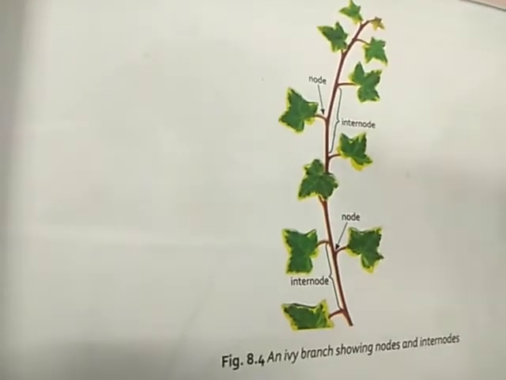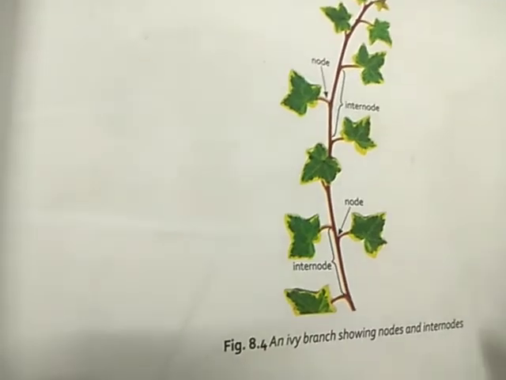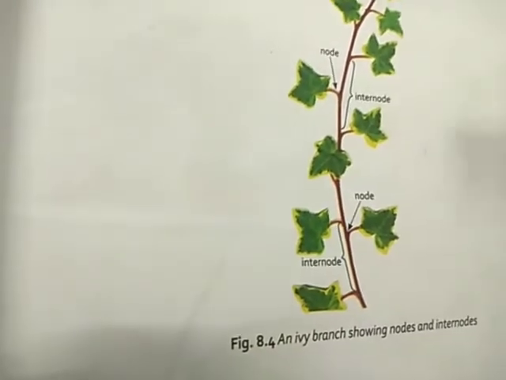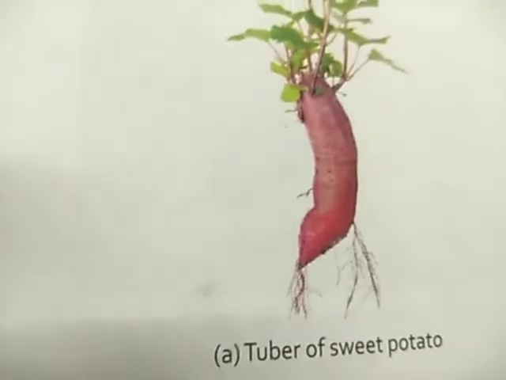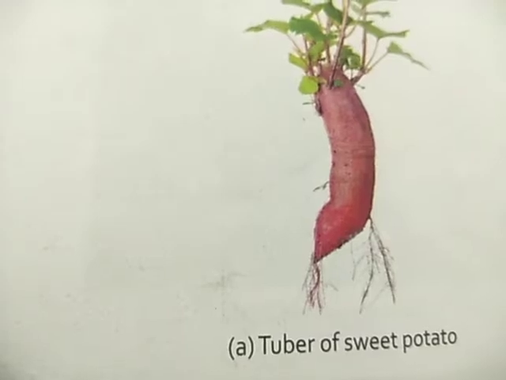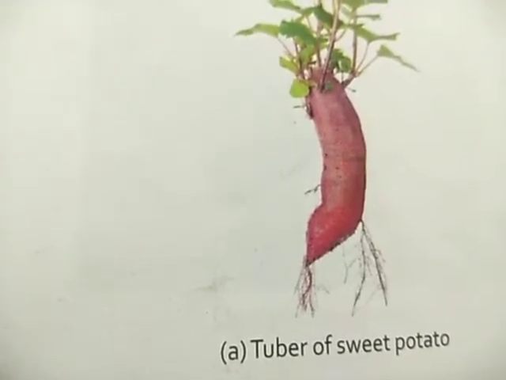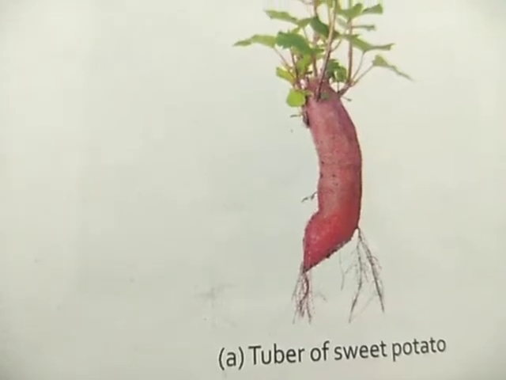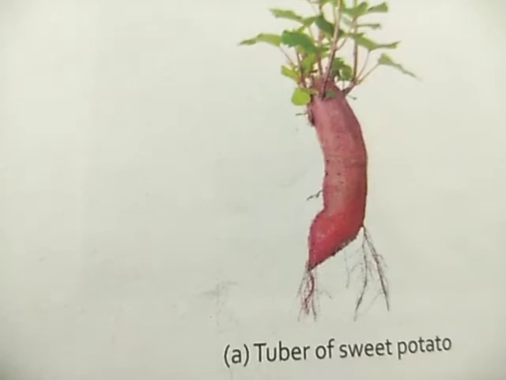Okay, there are a few other plants which have special modified stems that do some other work, which we are going to see now. The first type is the storage of food. As I told you, in roots also, a few roots are modified for storage. Which are those? Carrot, beetroot, radish. Now even in the stem, we have some storage of food.